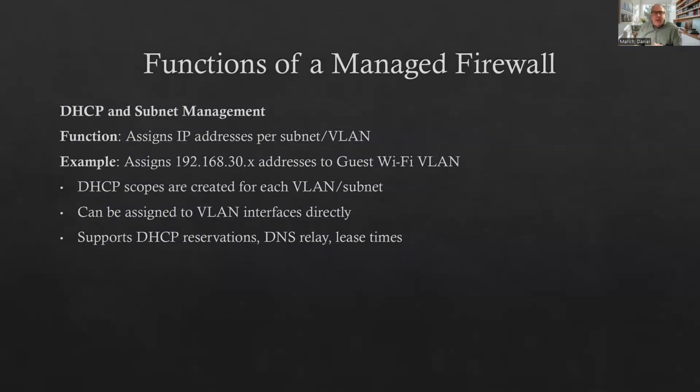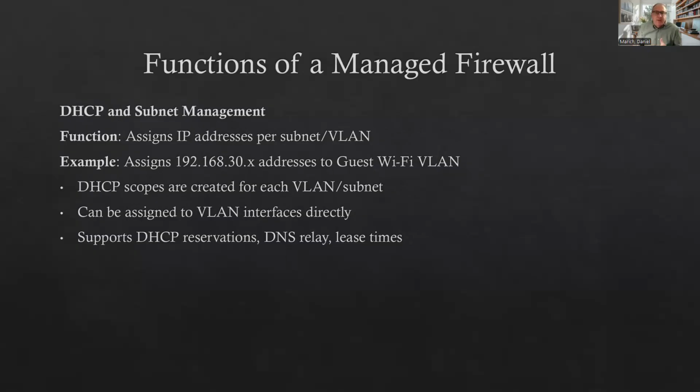Managed firewalls also handle your DHCP and your subnet management. Dynamic Host Configuration Protocol across multiple VLANs and multiple subnets can all be handled by a managed firewall. The firewall can create separate DHCP scopes, maybe for each VLAN. So, for example, we could assign 192.168.30.x addresses to a guest Wi-Fi VLAN.